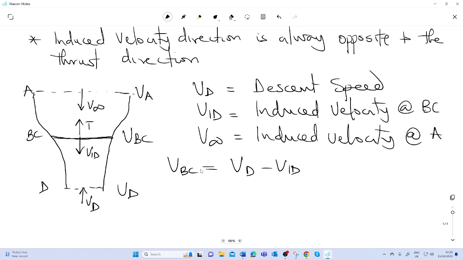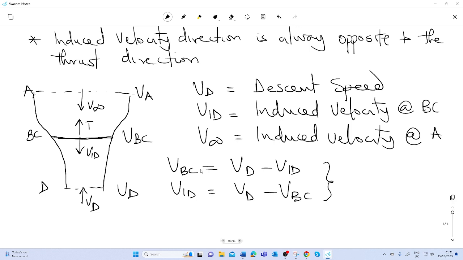So therefore, VID equals VD minus VBC. That's the first equation.